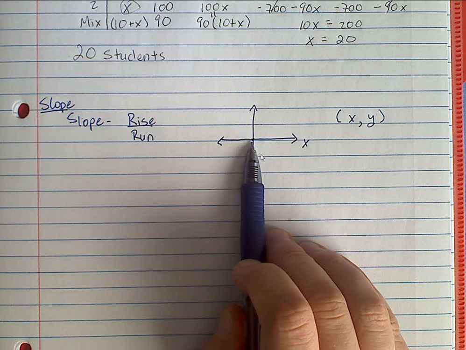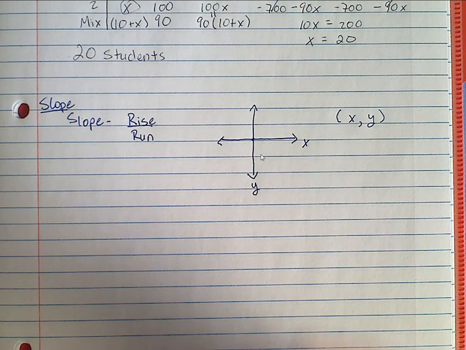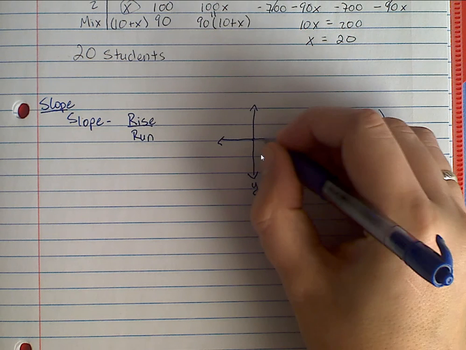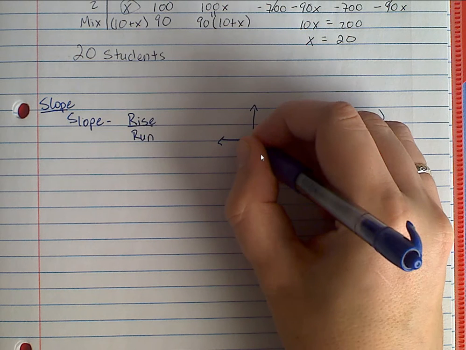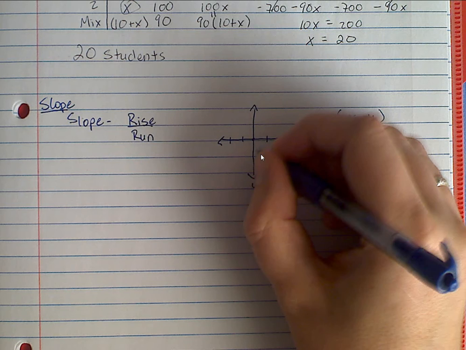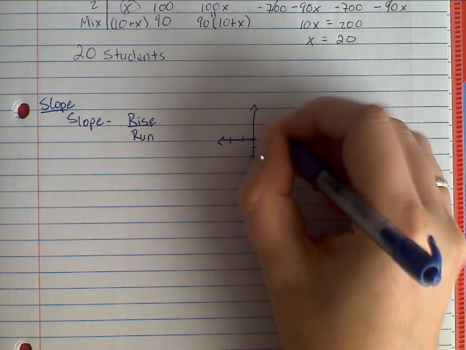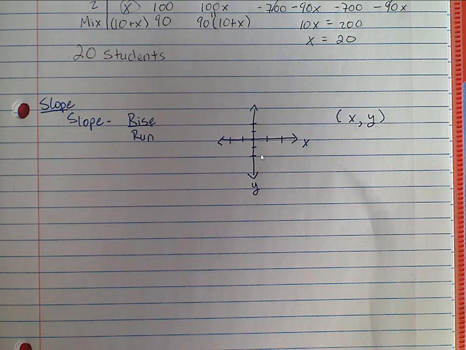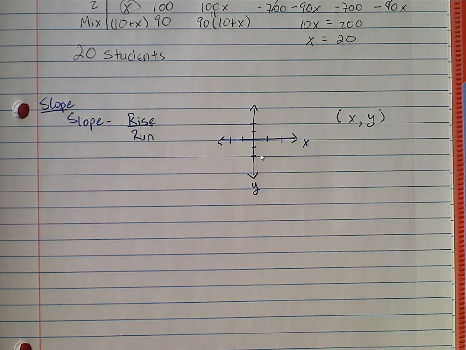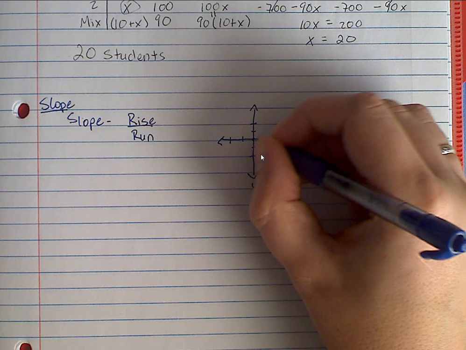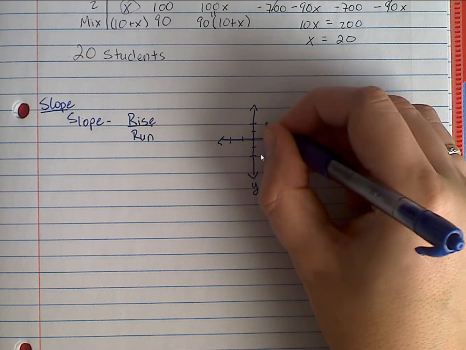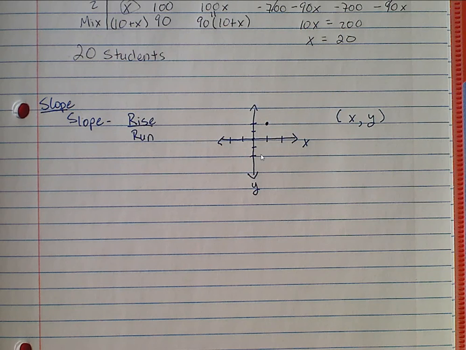Cool. So, for example here, I'm just going to freehand this: I'm going to go 2 spaces right, 2 spaces left, 2 spaces down and 2 spaces up. Now I'm going to put a point in space here somewhere. I'm going to put a point that is 1 space to the right and 2 spaces up. Right there.